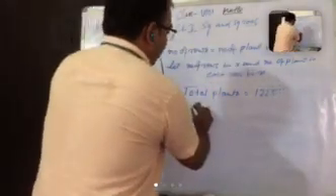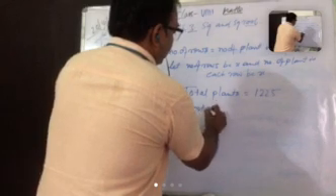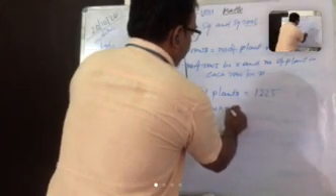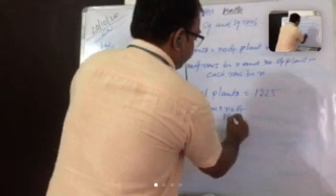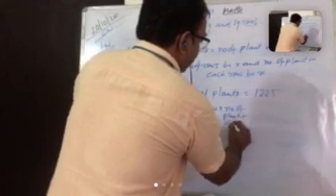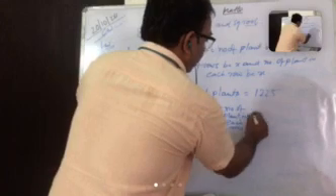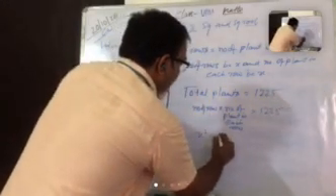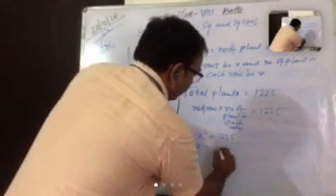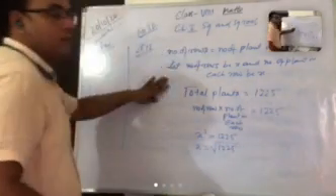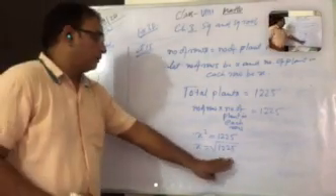So the number of rows multiplied by the number of plants in each row is equal to 1225, means x square is equal to 1225 and x is equal to under root 1225. Clear?